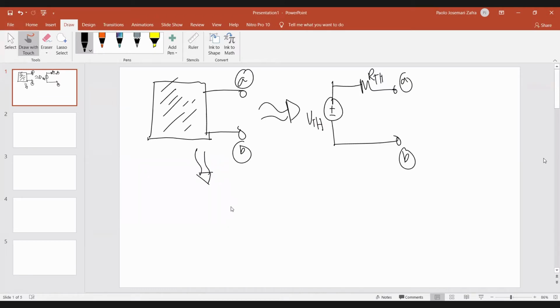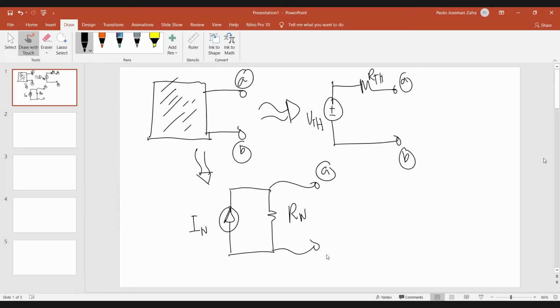So your Norton's equivalent circuit, it's a parallel circuit instead, having some short circuit current IN being shunted to some Norton equivalent resistance RN. Okay, and then of course the two nodes here are attached to your terminals of interest, which is your terminals A and B in this context.